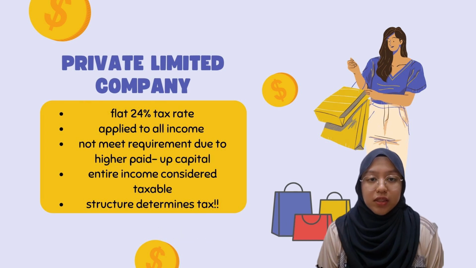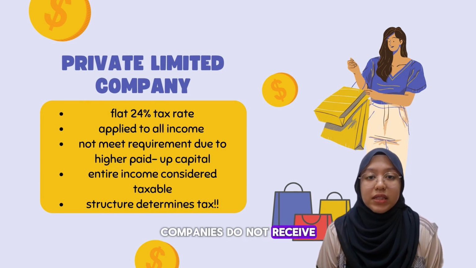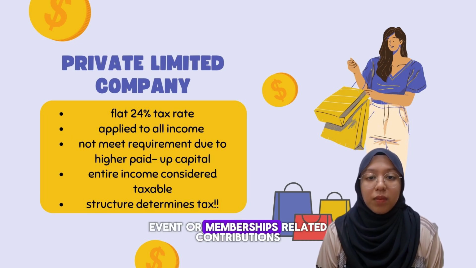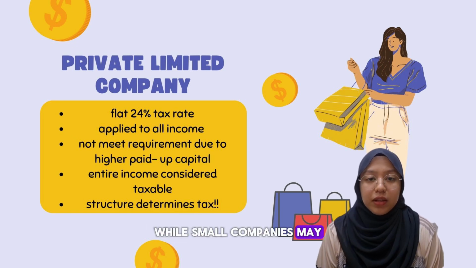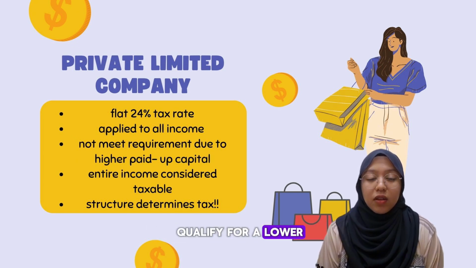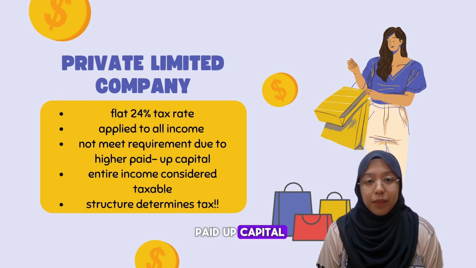Unlike trade associations, companies do not receive any exemptions on income, not even for educational events or membership-related contributions. While small companies may qualify for a lower SME tax rate, my company does not meet the requirement due to our higher paid-up capital.